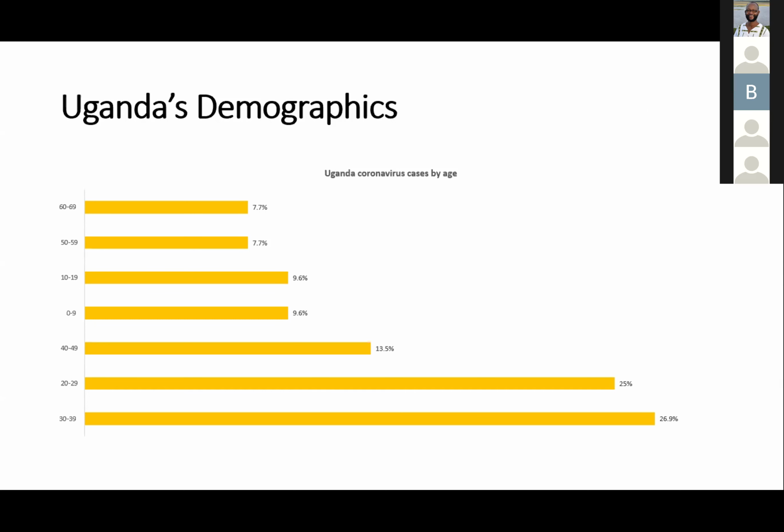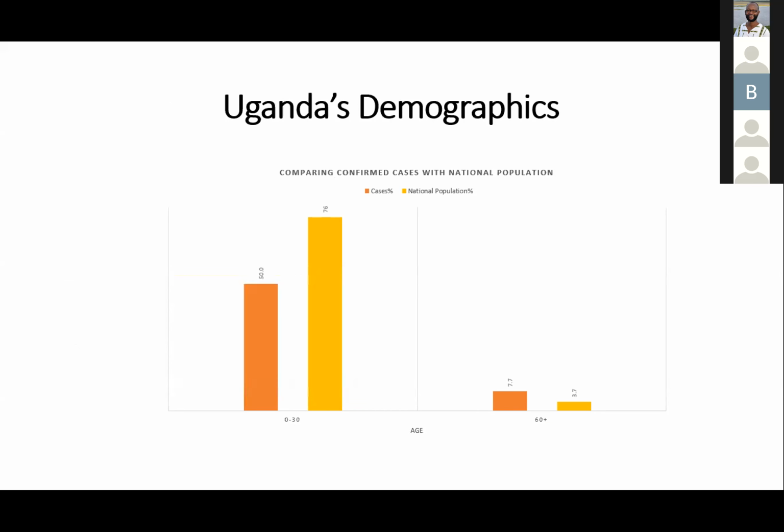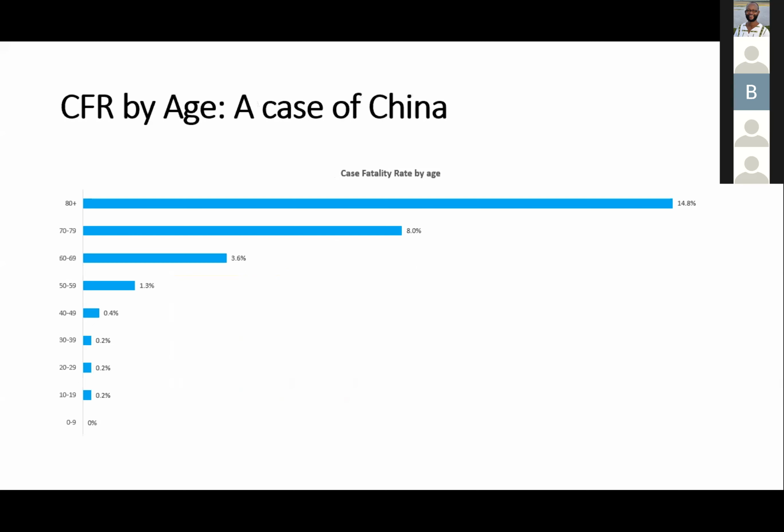That's helping me to understand why so far we have not registered any fatalities. So that is just a comparison of the confirmed cases vis-a-vis our national population. As you can see, most of the people are below the age of 30. And this is data from a report that was released by WHO in conjunction with China.